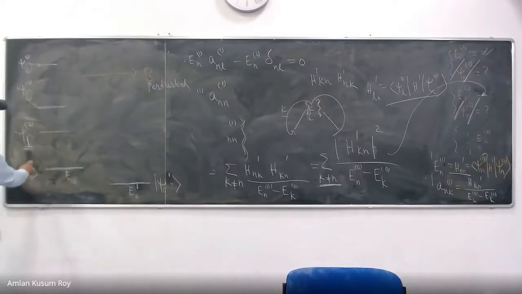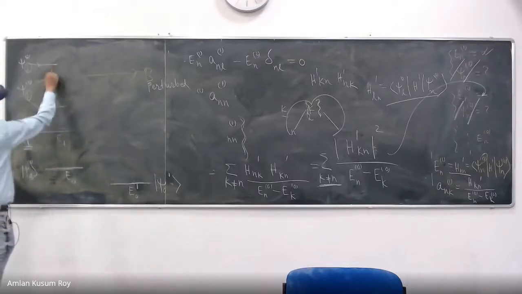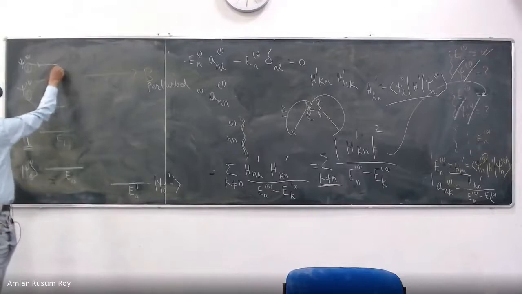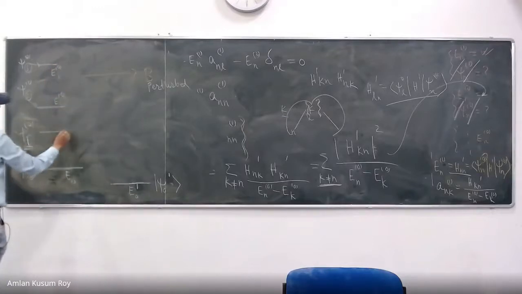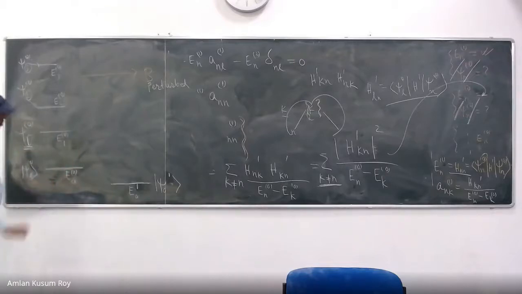Right? And this is the order of correction. 0th order, 0th order, 0th order, 0th order. What are these? These are the corresponding energies. So E0, E1, E2, E3. You can give a 0 to denote the 0th order. Okay. So this is the basic structure.